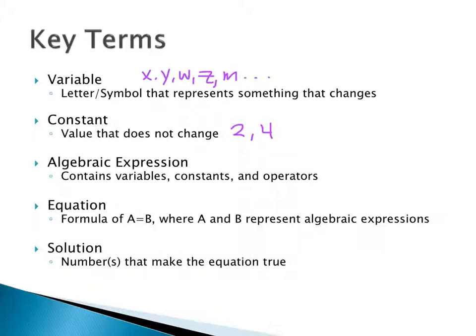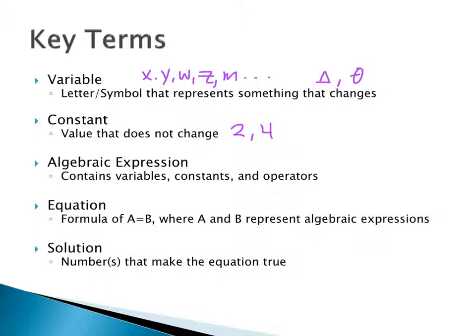It could also be represented by some sort of symbol, for example a triangle or an angle symbol. The key thing here is that the variable represents a number that can change. For example, if we use X, X could represent 2, 4, 6, any number.